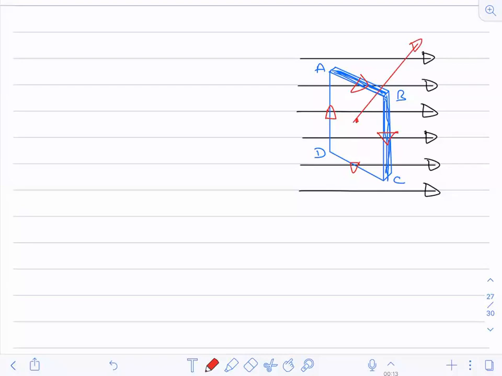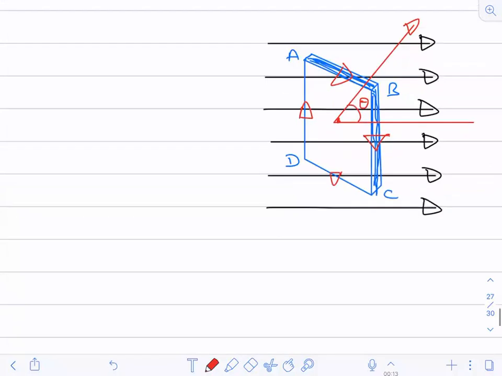With the magnetic field, it is making an angle theta. It is making an angle theta with the magnetic field.